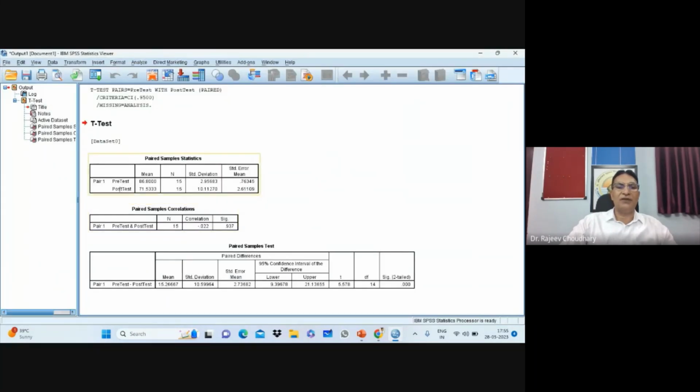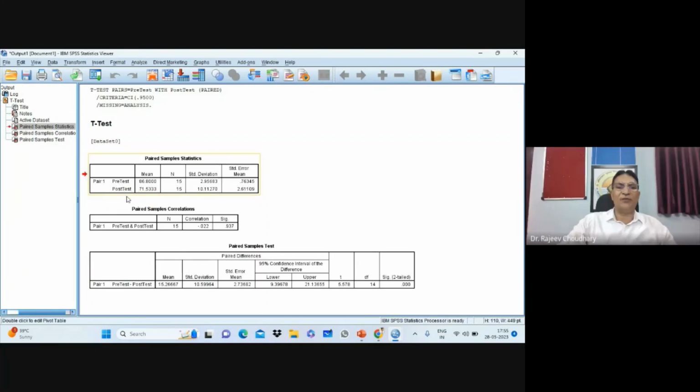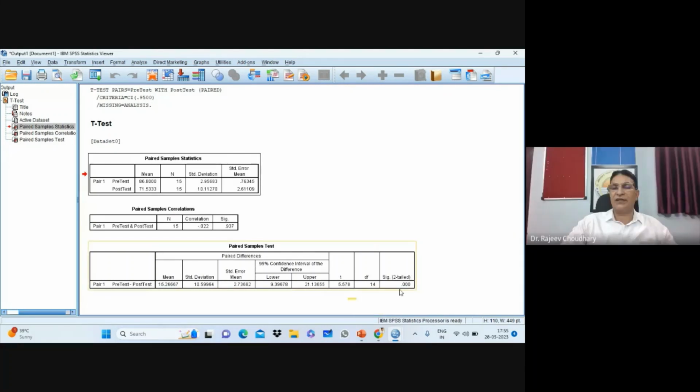Madam, what is the mean value of the pre-test? 86.8002. And the mean value of the post-test? 71.533. And what is the t-value? 5.578. Is it significant? Yes, it's less than 0.01 also.